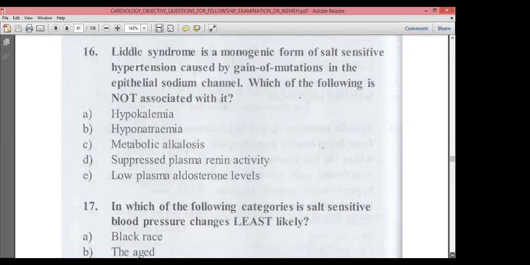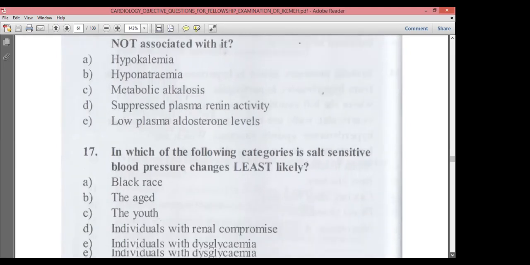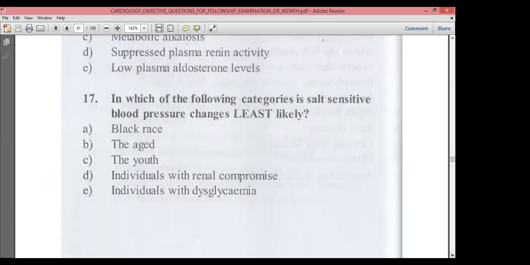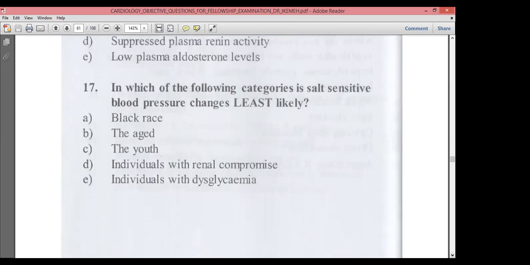Moving on to the last one. In which of the following categories is salt-sensitive blood pressure change least likely?